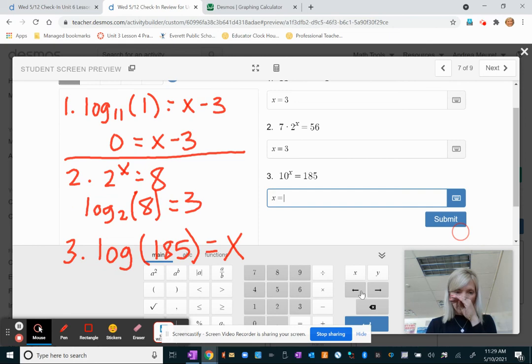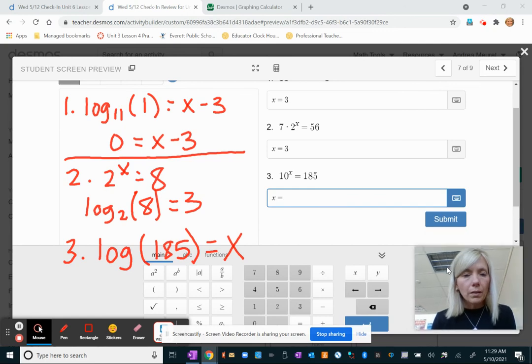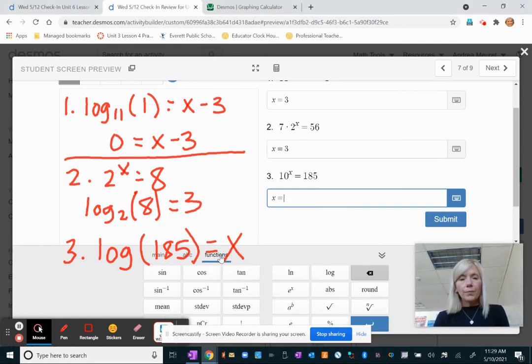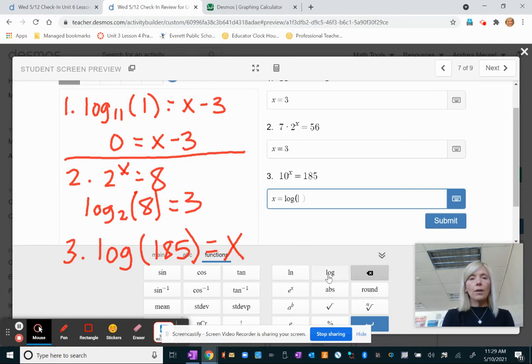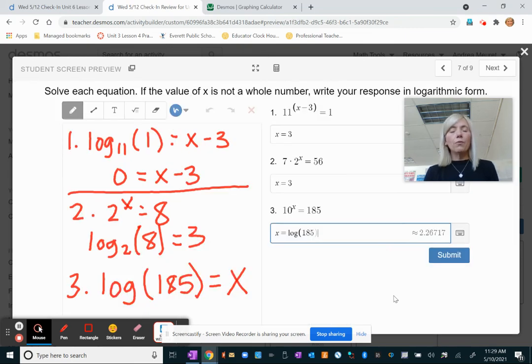Oh, there we go, functions is right there. And so I'll do log of 185. And then that is my answer for number 3, because 185 is not a power of 10.